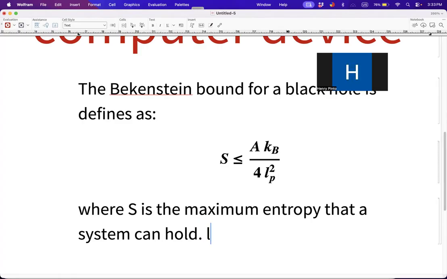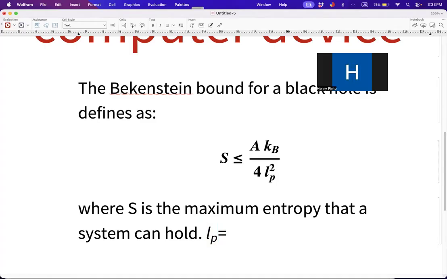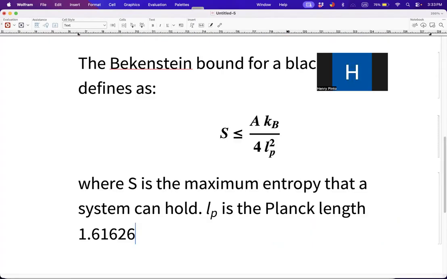L sub P is the Planck length, just for your information, that is 1.616 times 10 to the minus 35 meters, right?